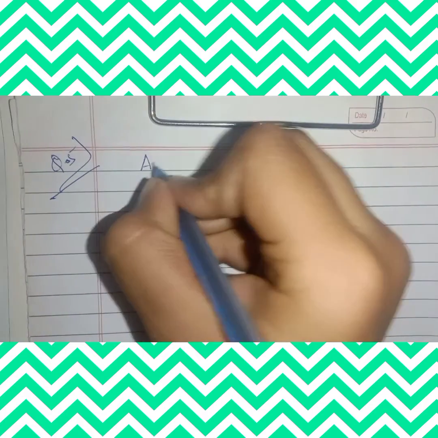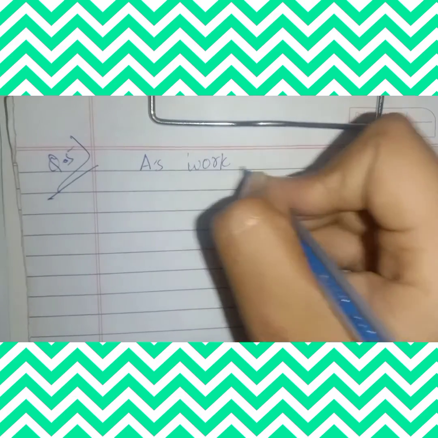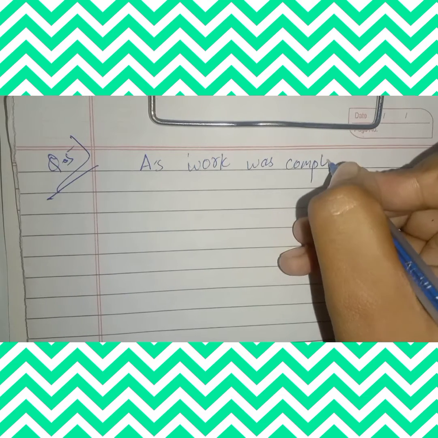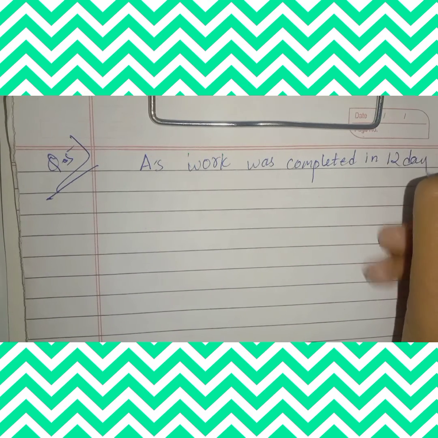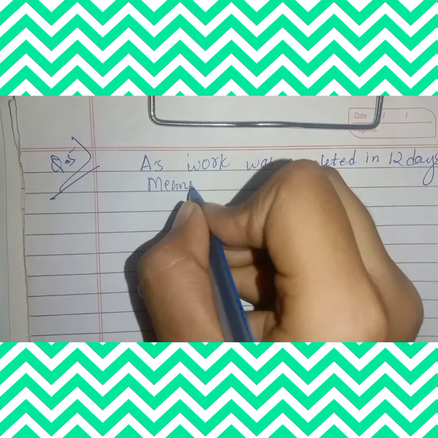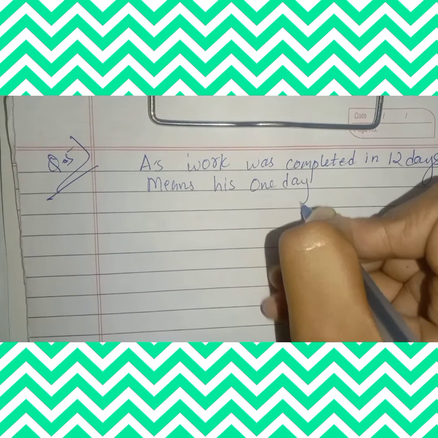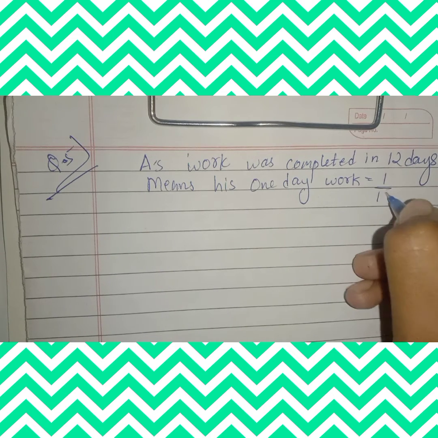A can complete the work in 12 days. Means his one day work will be 1 upon 12.